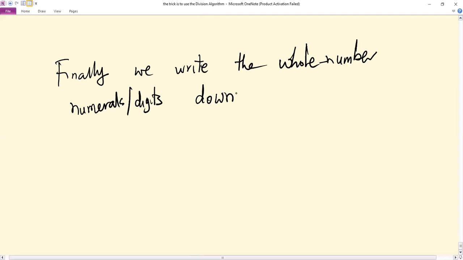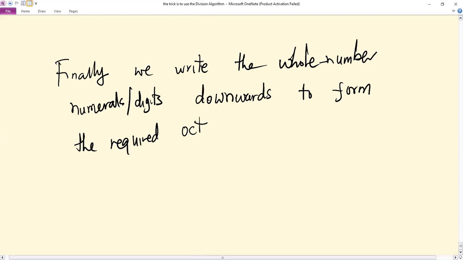Now this one is direct, not like what you do in the previous case of bottom up, downwards, to form the required octal number or octal decimal.